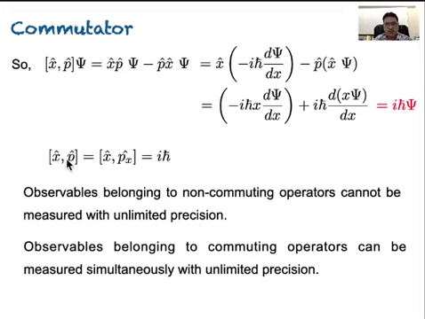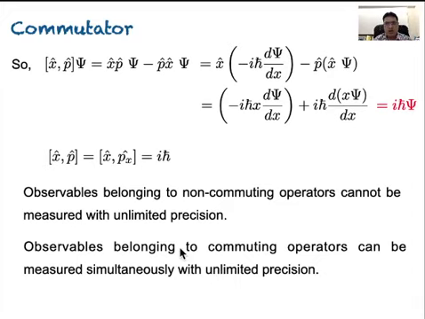On the other hand, those observables which belong to commuting operators, let's say X with X will commute, P with P will commute. We will see in a moment what other commuting operators we are talking about. So if observables are associated with operators which are commuting with each other, then these observables can be measured simultaneously with unlimited precision.